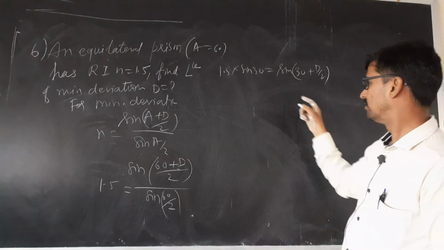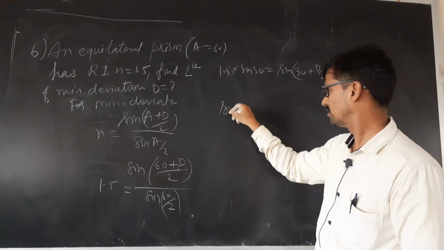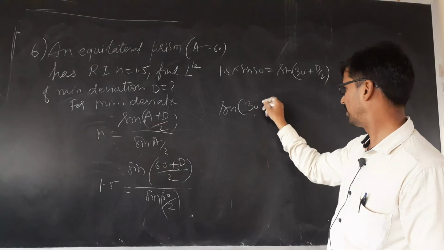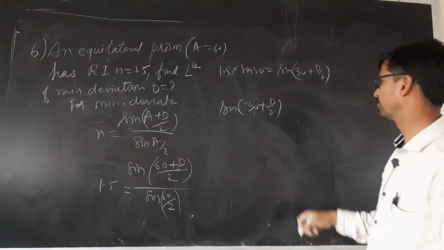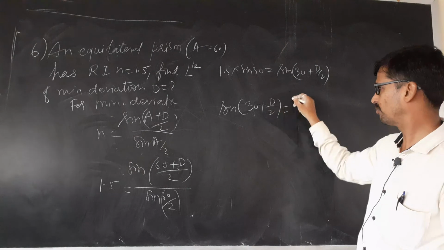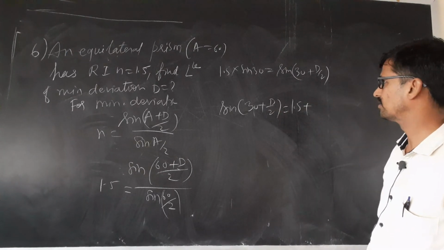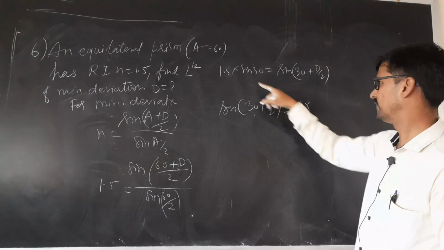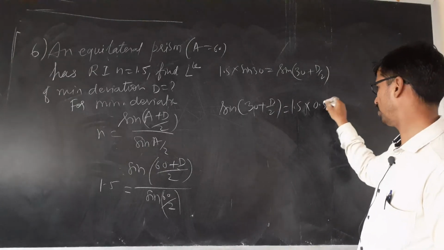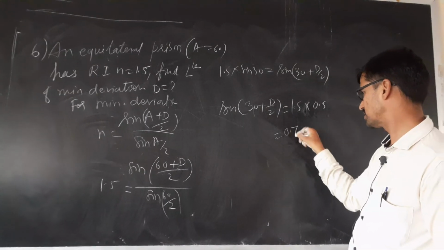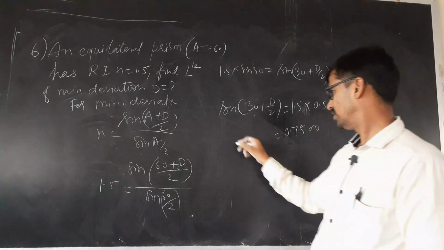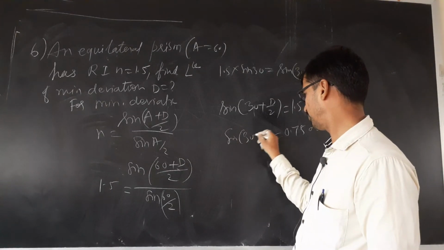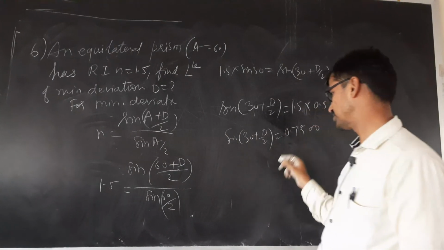This is now written as sine of 30 plus D by 2 is equal to 1.5 into sin 30, and sin 30 is 0.5 or 1 by 2, that will be 0.7500. Sine of 30 plus D by 2 is this much.